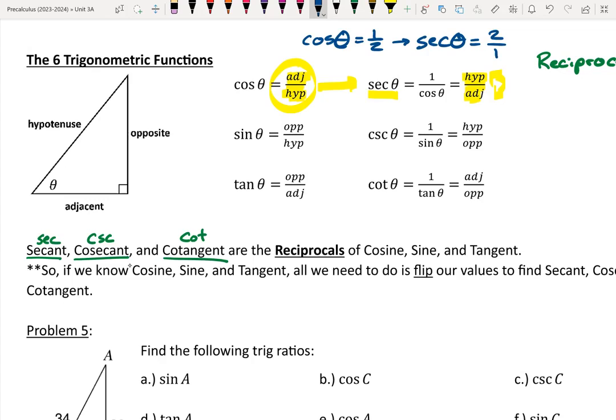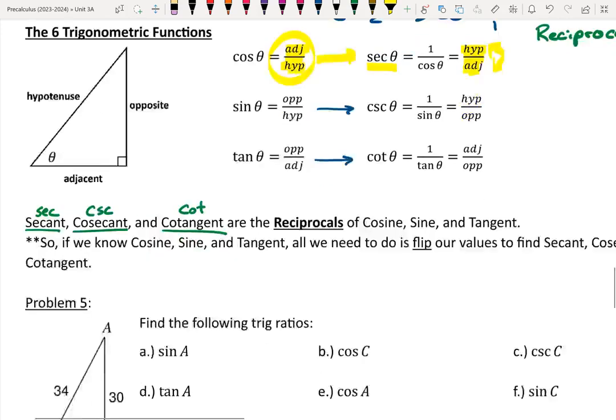And the same thing for sine to cosecant, tangent to cotangent. So cosecant is the reciprocal of sine, cotangent is the reciprocal of tangent, and that's actually what this means right here. It means that they are reciprocals of each other.